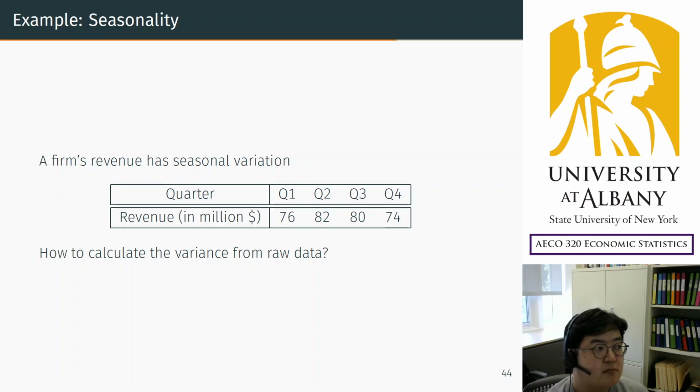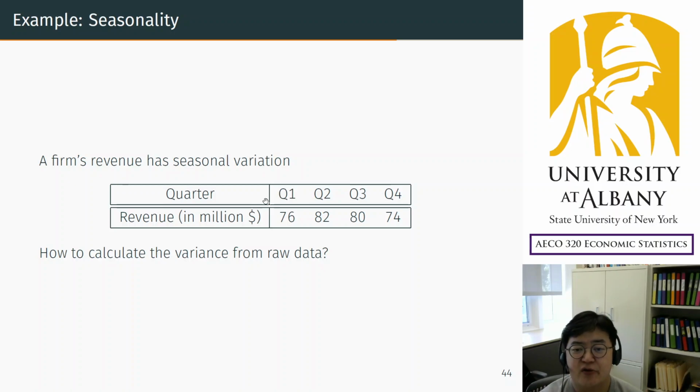Okay. So in this video, the example we are going to consider is a firm's revenue seasonality. Firms report their revenue every quarter, and depending on the industry, some firms have seasonality. Some firms do better in summer, or other firms do better in winter, depending on the nature of their industry.